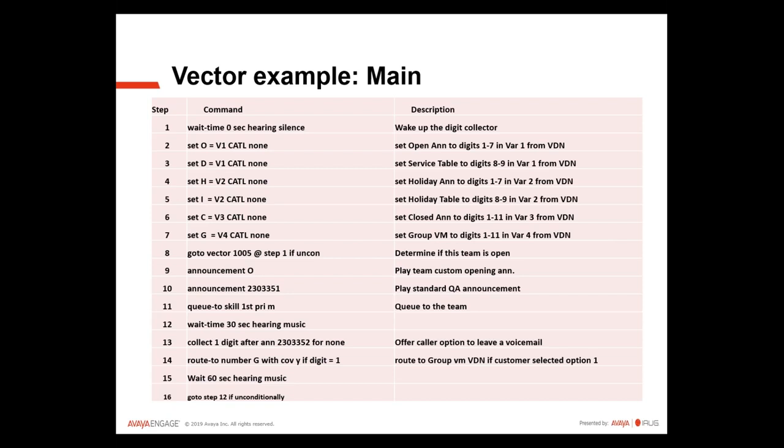If it goes out to the variable table, we know that D is 2 digits and starts in the second spot. And the same thing, we've got H, which is the holiday announcement, V2. So you're setting them, telling them where to go.